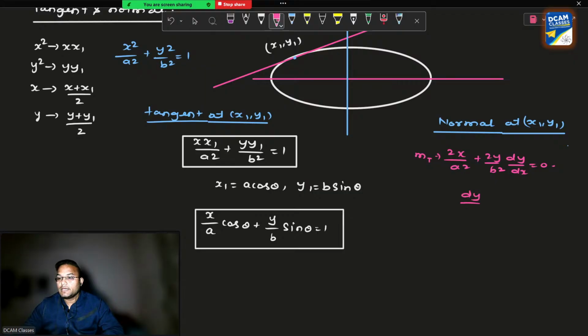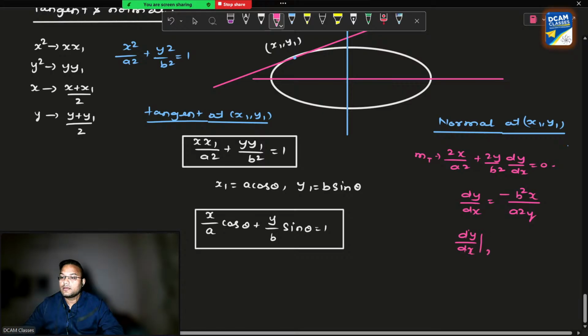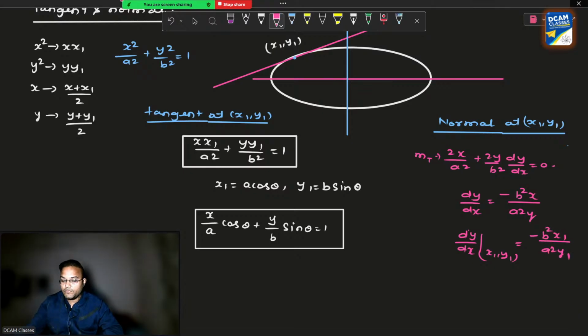So dy by dx is equal to minus b square x by a square y. And now at a point x1, y1, it will be minus b square x1 by a square y1. Correct? This is the slope of the tangent.